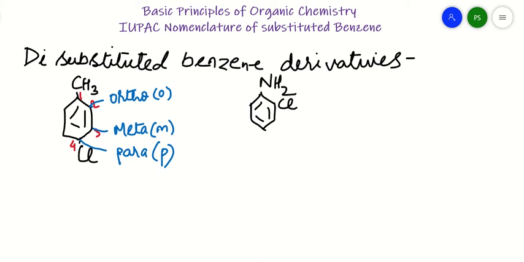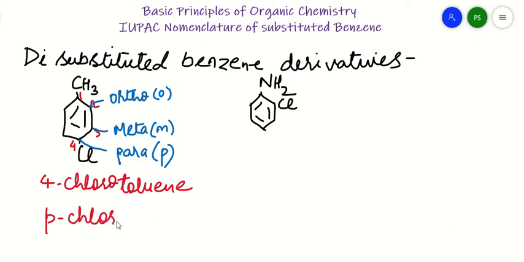So I can write the name as 4-chlorotoluene, or another name would be para-chlorotoluene.